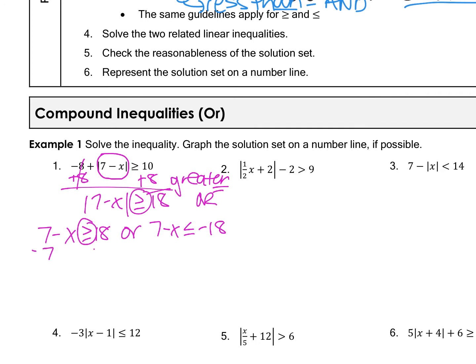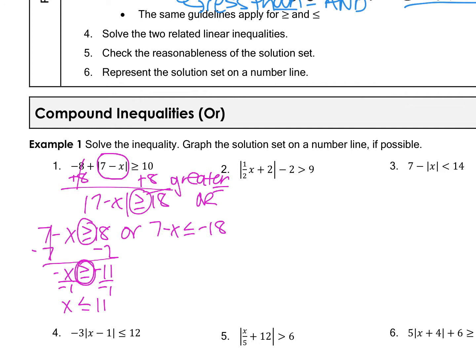So we're going to subtract 7. We get -x is greater than or equal to -11. And then I have to divide by -1. Anytime we're dealing with inequalities, if you remember from Algebra 1, when you divide or multiply by a negative on both sides, you have to flip that sign. So that's x is less than or equal to +11.